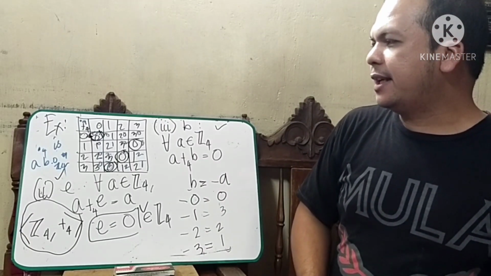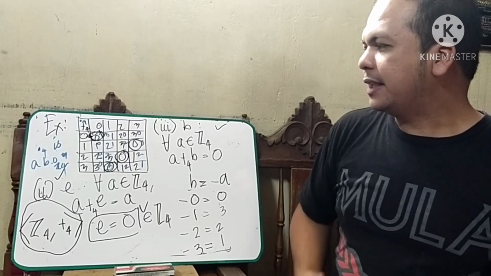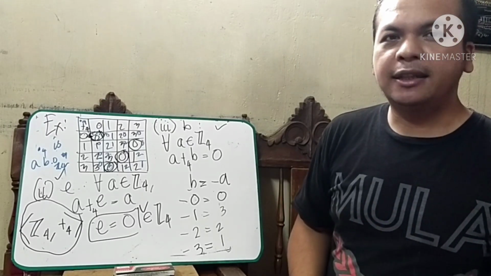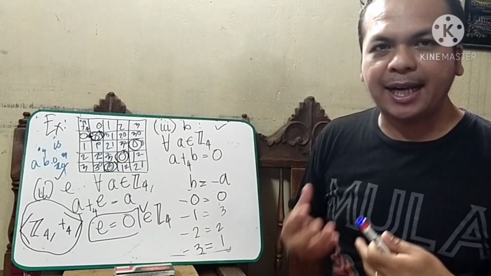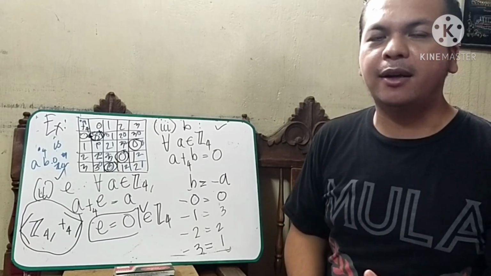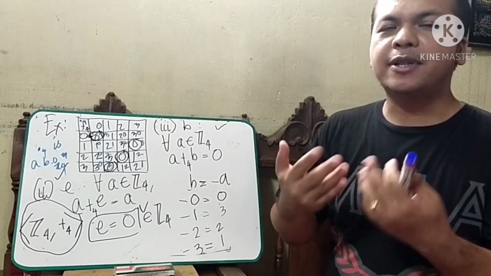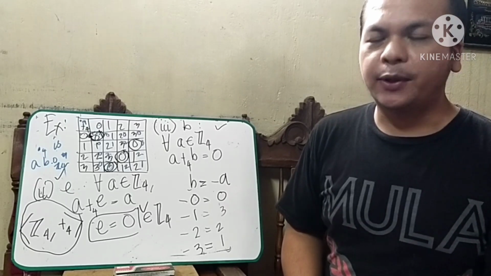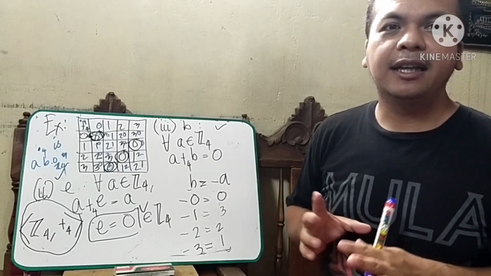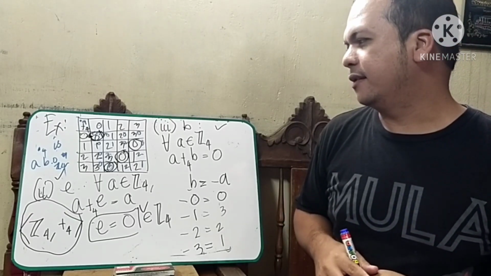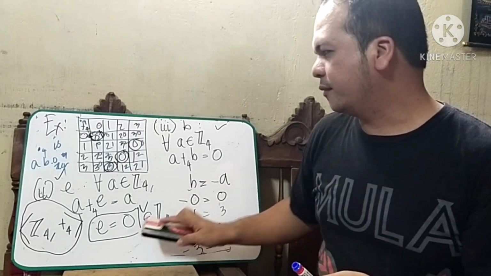Now, the next question is, does it satisfy the properties of a group? So, after we are done testing whether the operation defined is a binary operation, we proceed to the properties of a group. The first property is the associative property. What do you think?